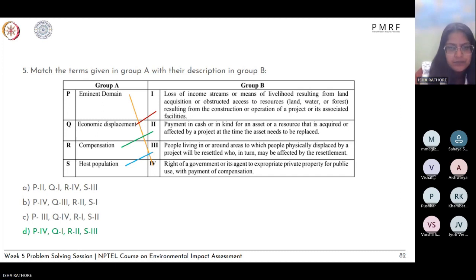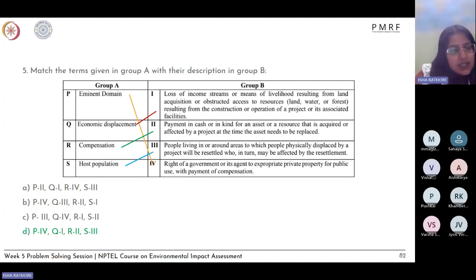That is the economic flow is being disrupted because of this land acquisition. So that is economic displacement. So Q matches with 1, whereas physical displacement is when your shelter is being acquired, or the land on which your shelter is being developed, when that is being acquired, that is physical displacement. So Q matches with 1.